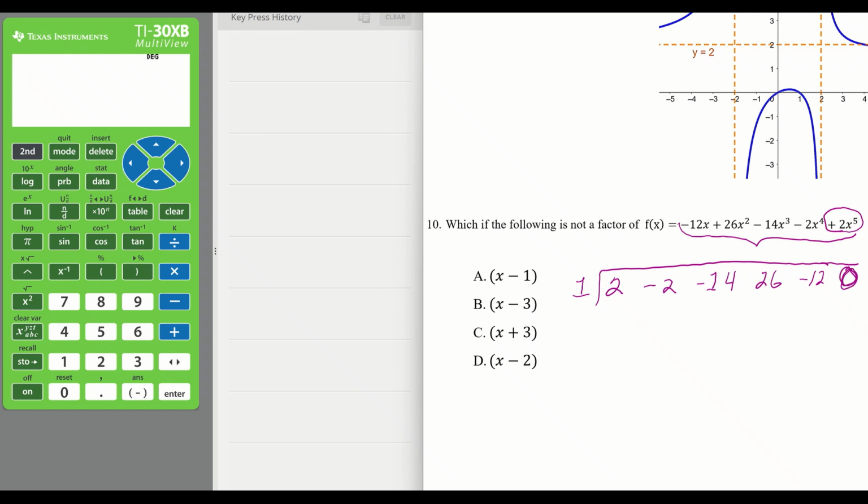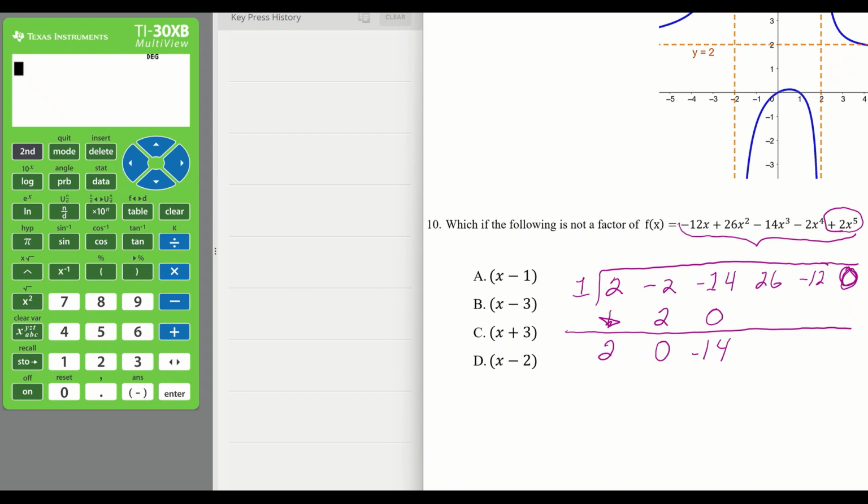All right, so how do we deal with synthetic division? We bring down the 2, and then we say 1 times 2 is 2, put it underneath, and then that would be 0. Then this would be 0, and that would be a negative 14.